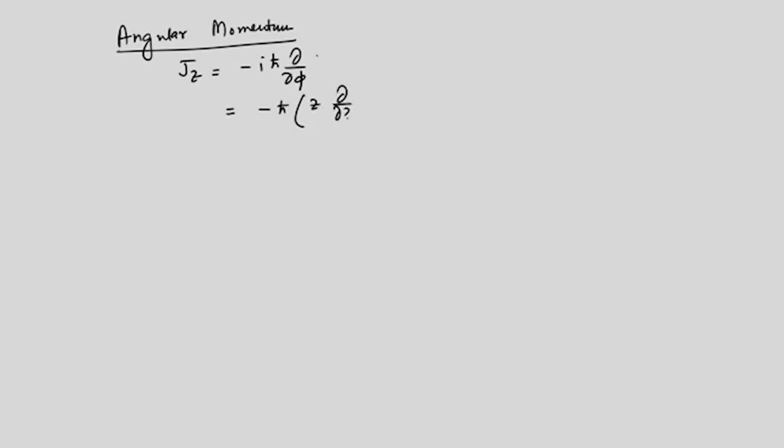And the angular momentum Jz is written, with the usual definition that you know, as a derivative of only phi. So, this is equal to minus h cross (z del z minus z star del z star), and this is equal to a dagger a minus b dagger b.